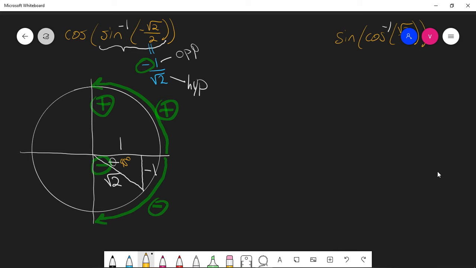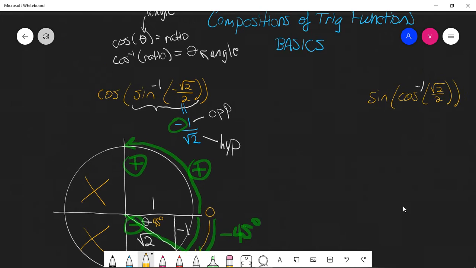Okay, so for sine inverse, you cannot go all the way around here. These two areas are restricted, so you have to go backwards from 0. You go backwards to this point right here, and that's negative 45 degrees. So that is your answer. Let's look at this again.